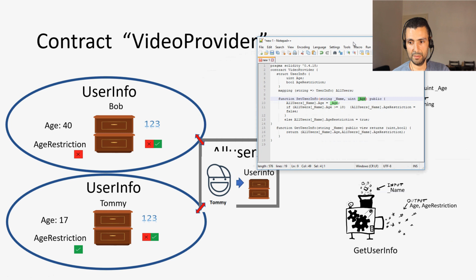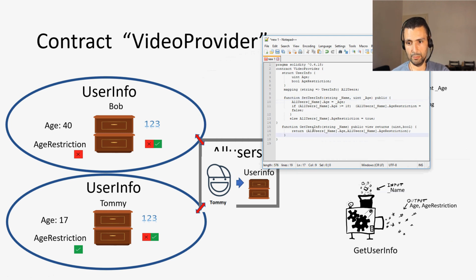And for this reason, our get user info function looks a little bit different. Because as you can recall, guys, in the get user information function, we didn't have an input. Now we have an input. We have to have an input, because otherwise how will it know if you want to see the information for Bob or for Tommy?